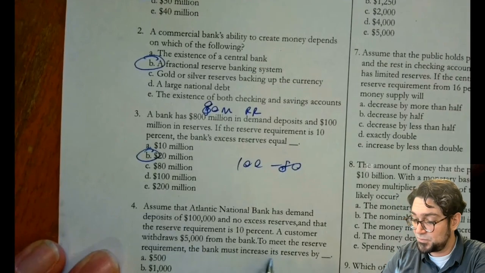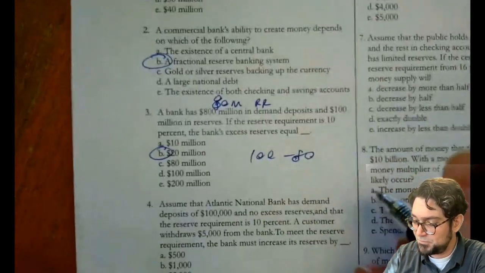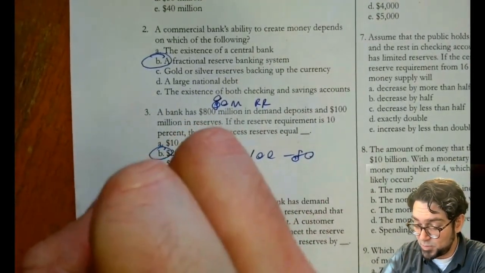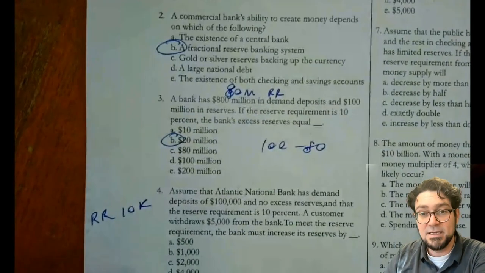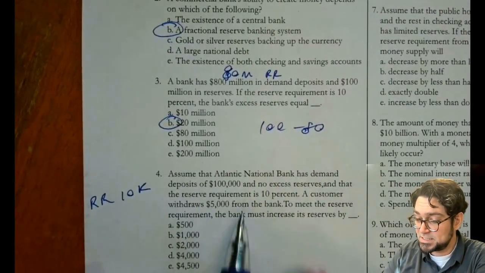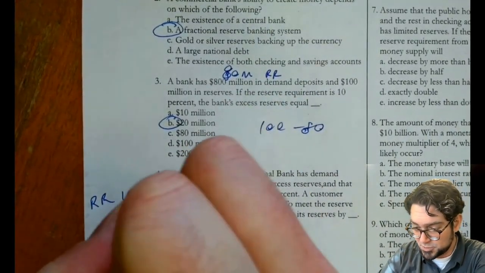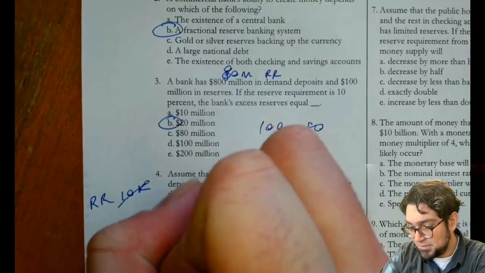Customer withdraws 5. To meet the new reserve requirement, the bank must do what? So for this one, if we had an original amount of required reserves of 10K, and they had only the 10,000 in required reserves, and somebody withdraws 5,000, then their total reserves is now 5K.